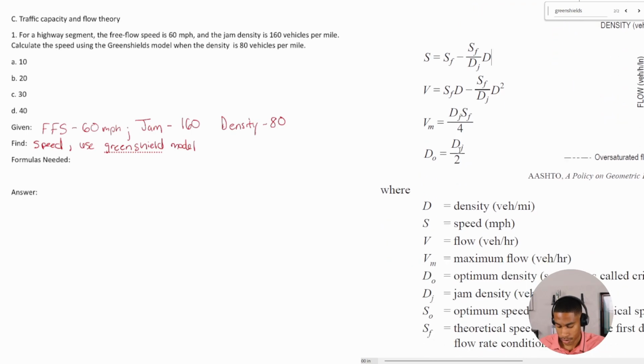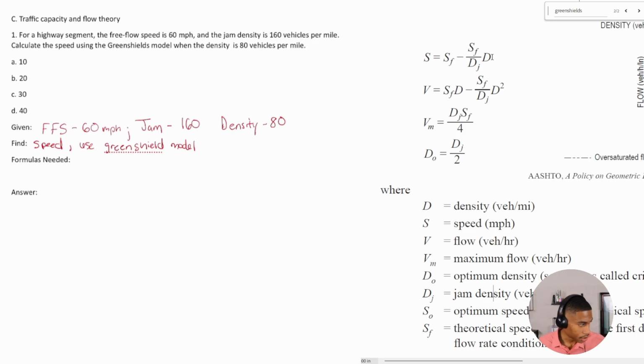The theoretical speed or free flow speed. We have SF, that is our 60. And DJ stands for jam density. We have that. And what about our other variable, D, the regular density in vehicles per mile? So we have everything that we need to solve this.